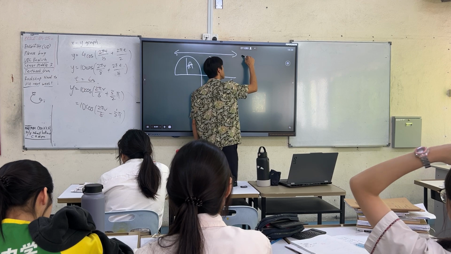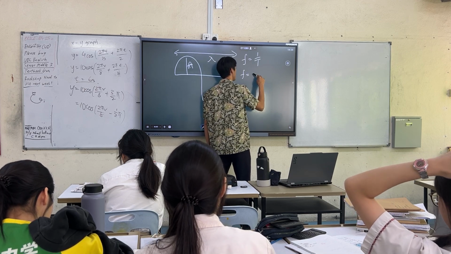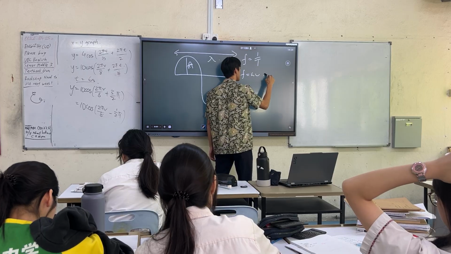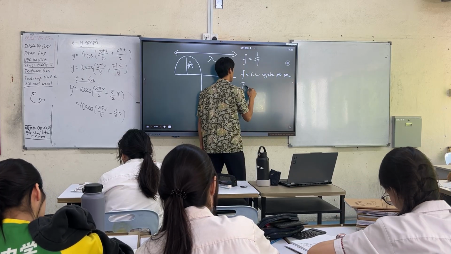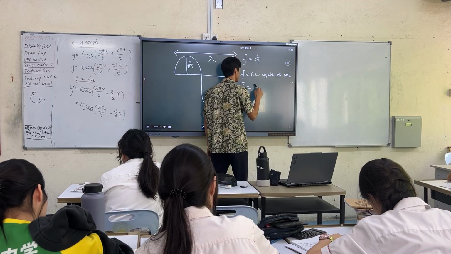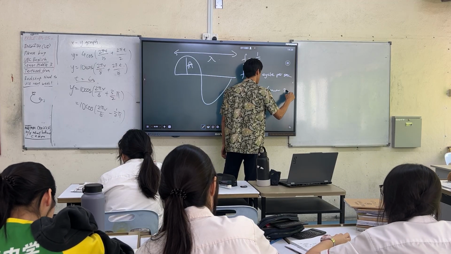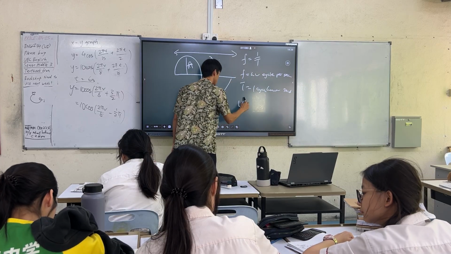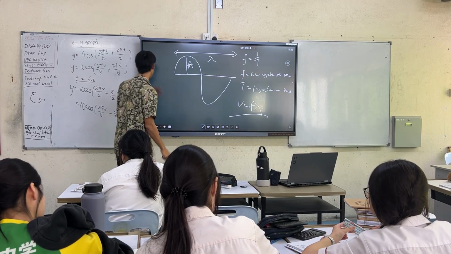Okay, if frequency is 1 over T, frequency is just how many cycles per second, and period is how many seconds for 1 cycle. We also learn about v equals f lambda. Using just revision is not what we learned today. What we learned today is this two.